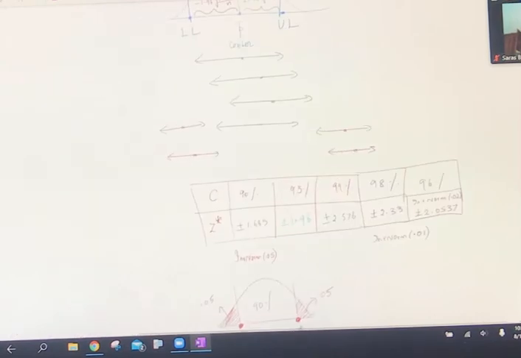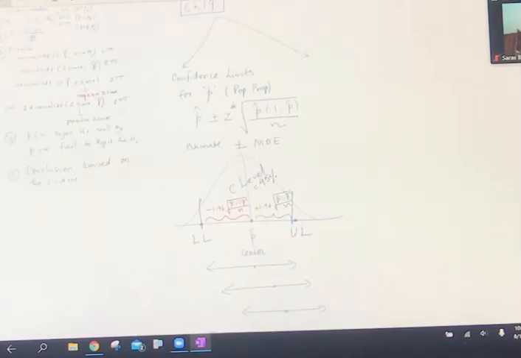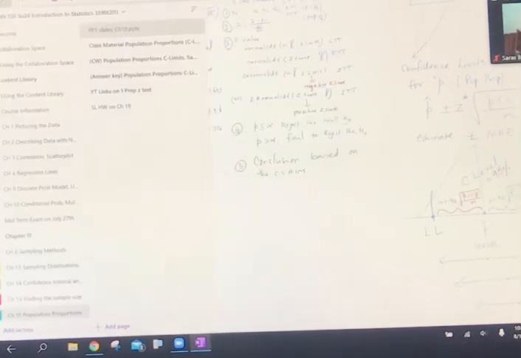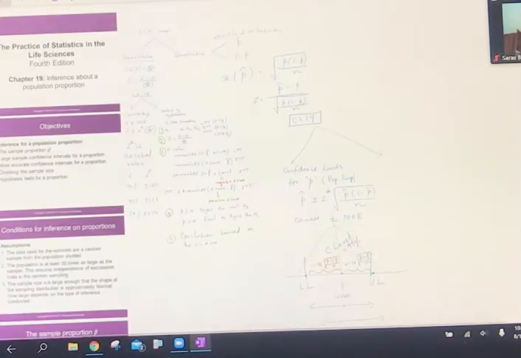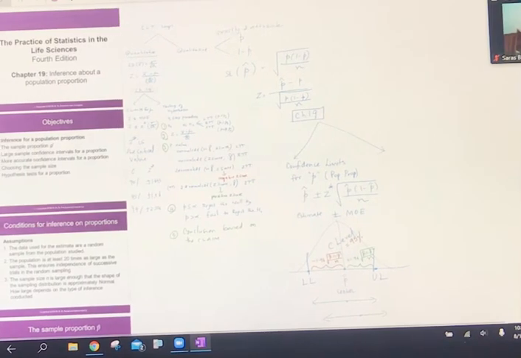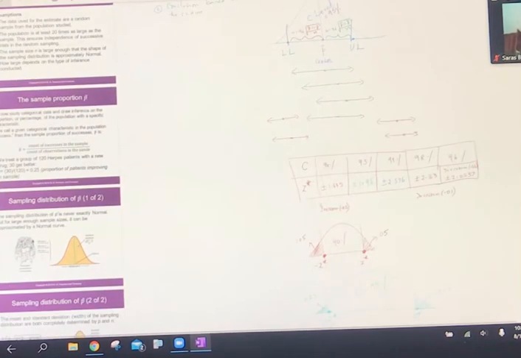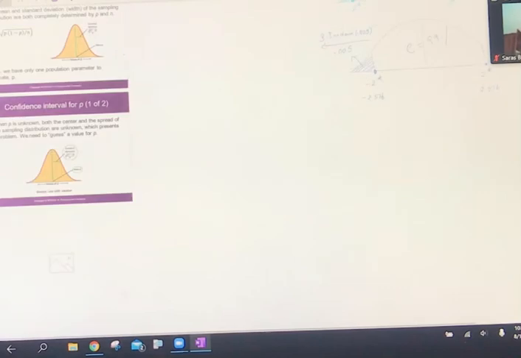But in calculating the confidence limits for P, there is another method, and that is also discussed in your PowerPoint slide. So I'm going to complete that section now. There is another formula given in your PowerPoint slide called the adjusted P. Everything is given here.